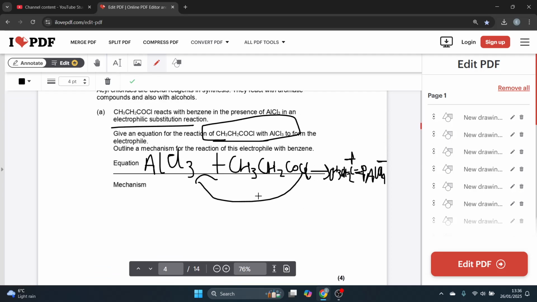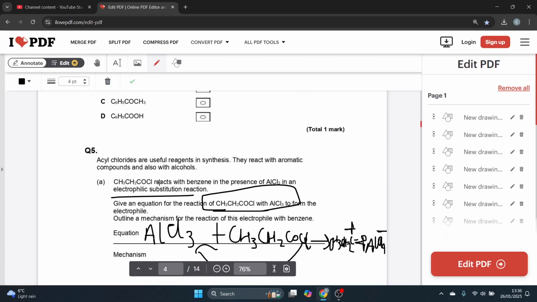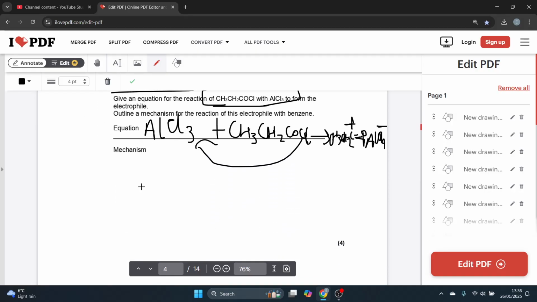Then it says outline the mechanism of this electrophile with benzene. So which electrophile? COCH2CH3, because that is the electrophile. Remember, the AlCl3 is a catalyst. So, benzene.